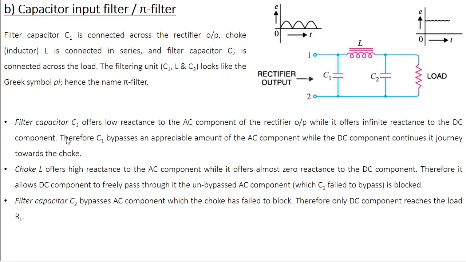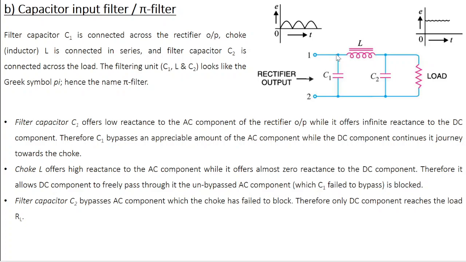Now what happens here? The signal comes to this point, where it meets the capacitor C1. As we know, filter capacitor C1 offers low resistance to the AC component of the rectifier output, while it offers infinite resistance or reactance to the DC component.